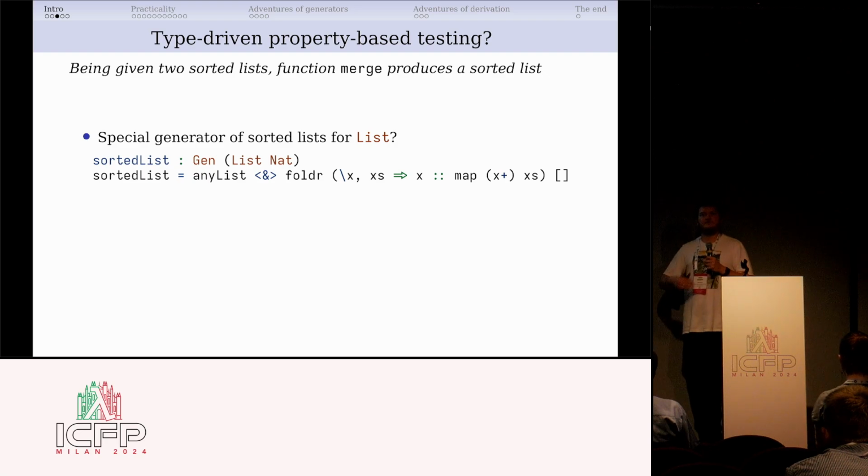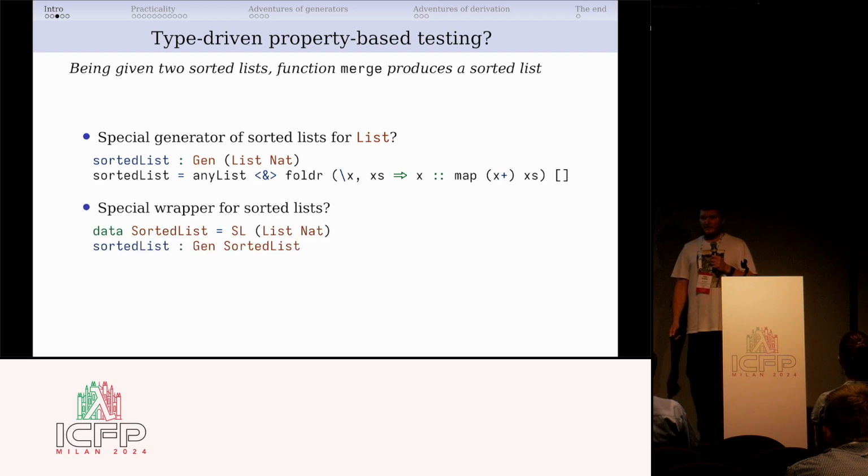But after that, we need to check that it is indeed correct, that it has good distribution, and so on. It has to have good properties. Surely we can have a new type for sorted lists, but still we need to write these generators and check their properties.